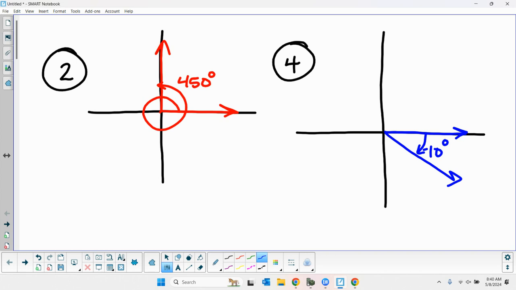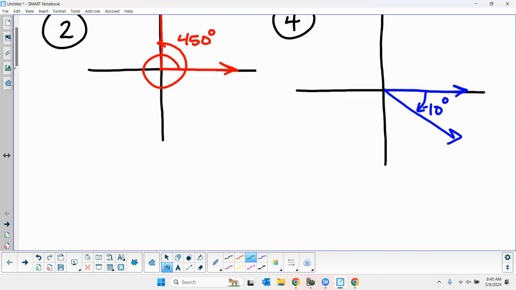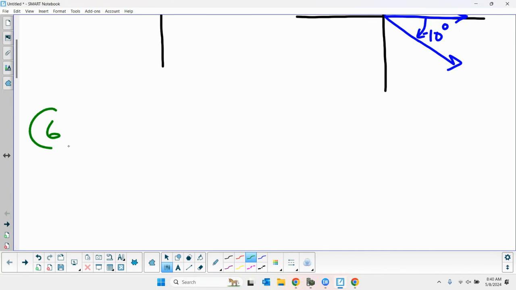Number 6, 255. We had to find a positive coterminal and a negative coterminal angle. So how did we learn to do that? Brian? You add 360 and subtract 360. Right, just add and subtract 360.